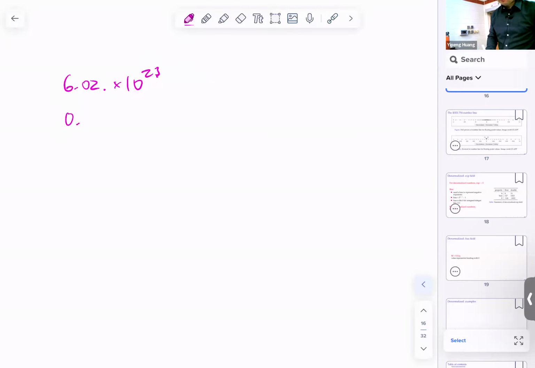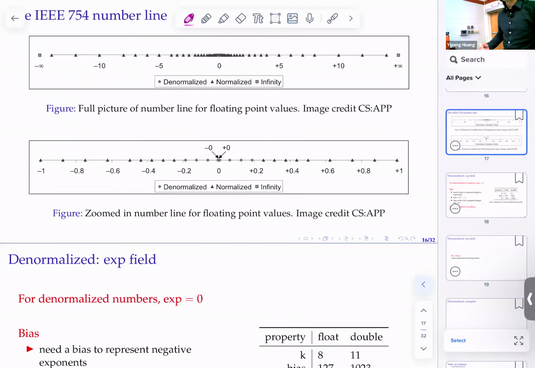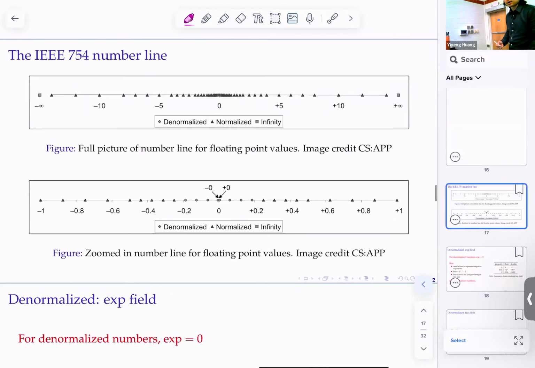For 0, there's really no natural place to put the decimal point. No matter where you put it, it is going to be 0. So we have a similar problem in the binary floating point number system, which is when we get to numbers that are very low in magnitude, around 0, we need a slightly different representation to be able to capture these numbers.